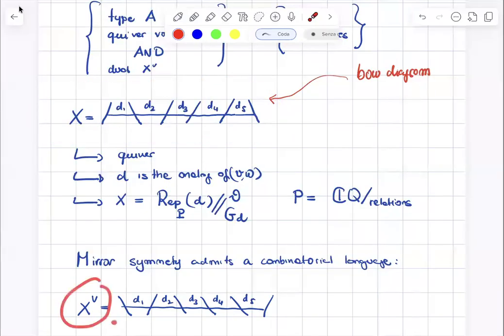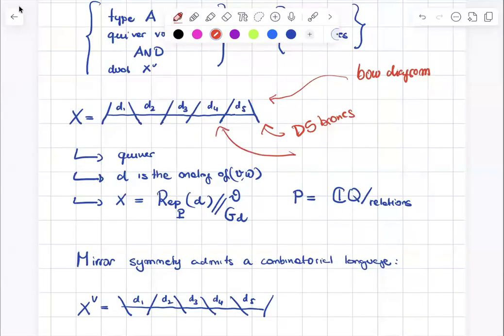In particular, if I'm given any variety X that admits this bow presentation, then its dual is simply obtained by reversing these lines, which are known respectively as D5 branes and NS5 branes.